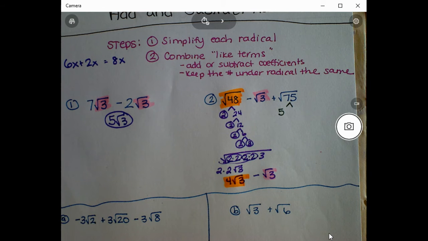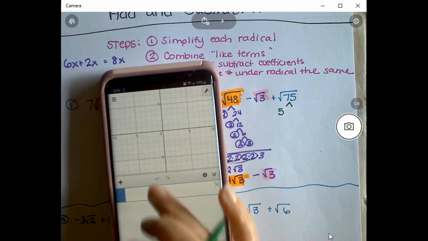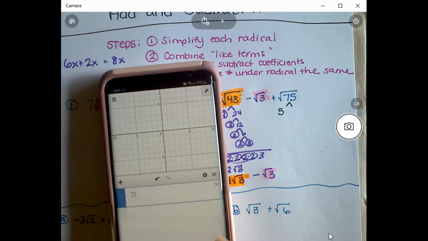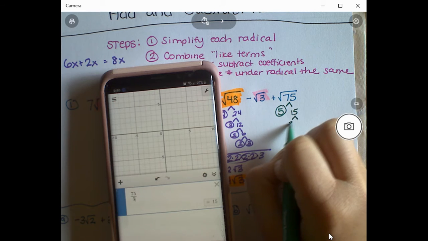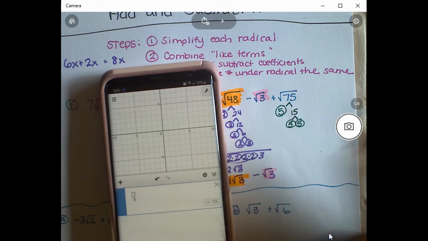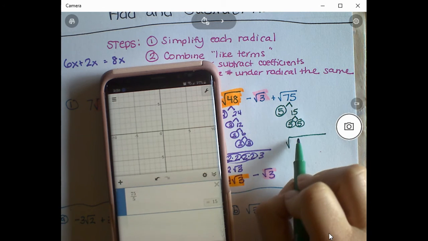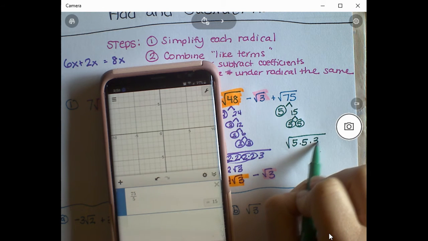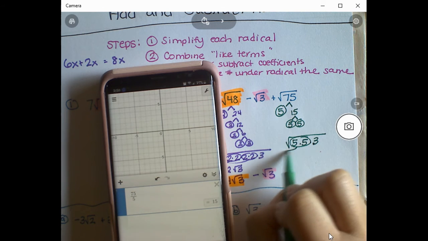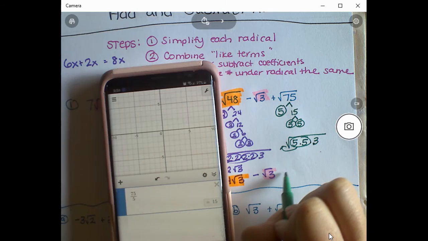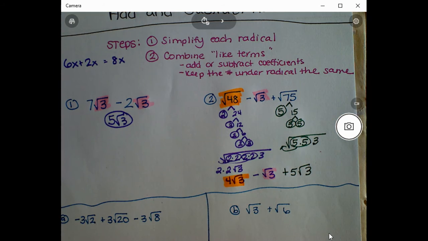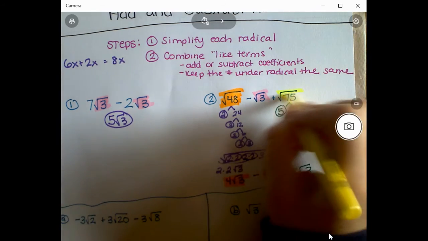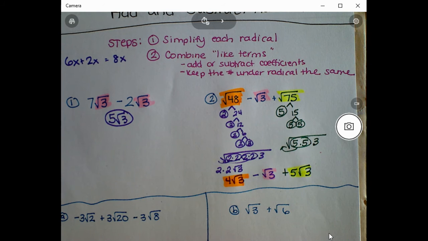Let's check it. 75 divided by 5, yep, is 15. 5 is prime. 15 is 3 times 5. Both of those are prime. Rewrite 5 times 5 times 3. And any groups of 2 of the same go out. So 5 root 3.